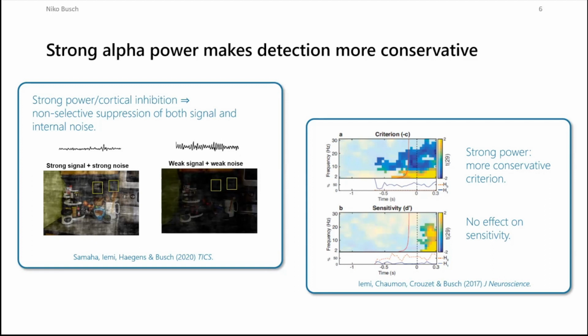So in this model, this would result in a suppression of the signal. That's why I can't see very much. And a concurrent suppression of internal visual noise. That's why this image is very dark, but there's also no noise embedded in the signal.